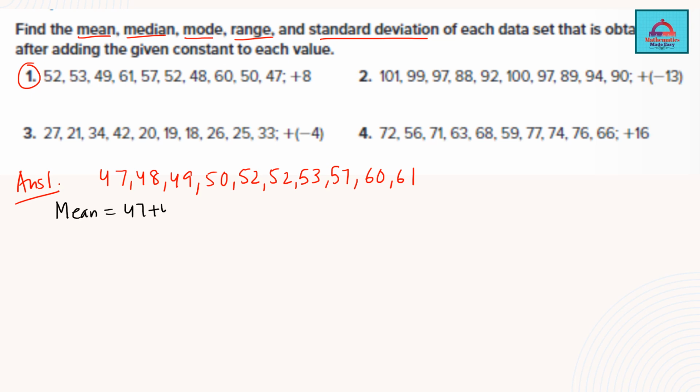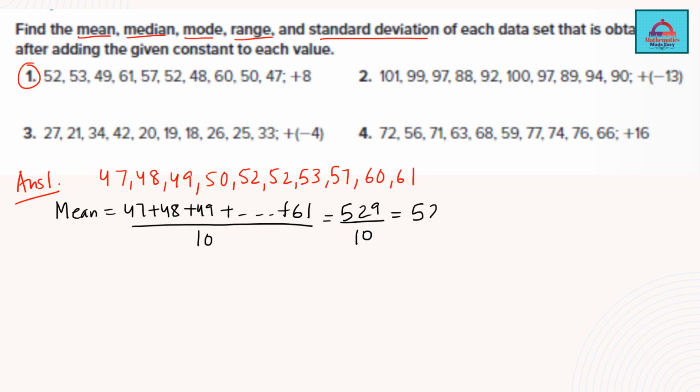So 47 plus 48 plus 49, all these numbers till 61, and then divide by the total numbers. So these are 10 numbers, so I'm going to divide by 10. This sum comes out to be 529 divided by 10, so the mean is 52.9.